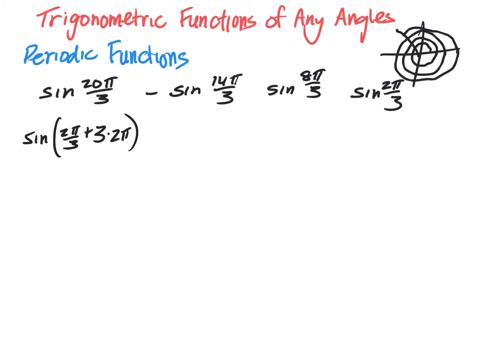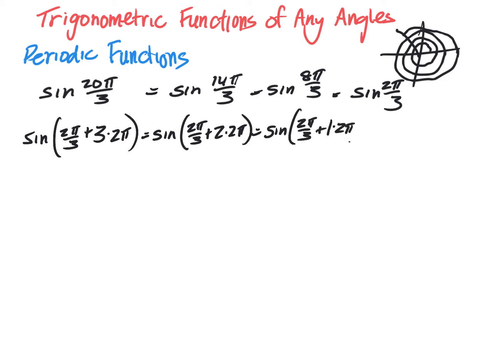Sine, and these are all equal, sine of 14 pi over 3 would be 2 pi over 3 plus, going around the circle 2 times, so 2 times 2 pi. Sine of 8 pi over 3 would be the same as 2 pi over 3 plus going around the circle just once, so 1 times 2 pi.